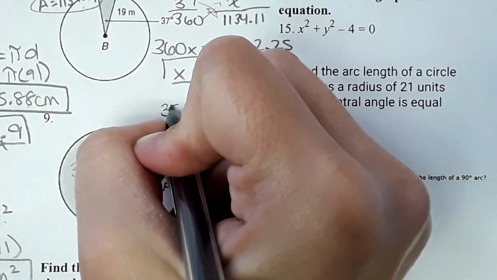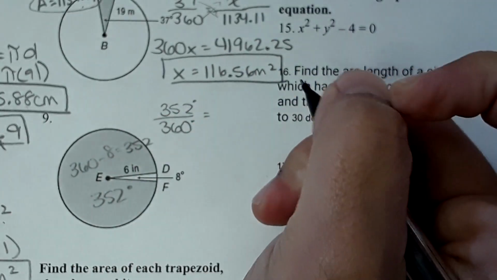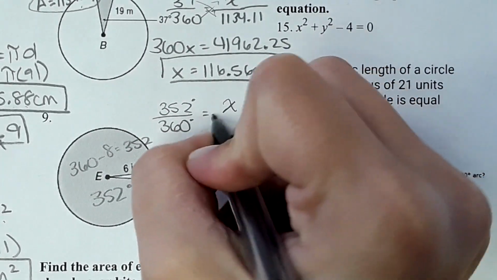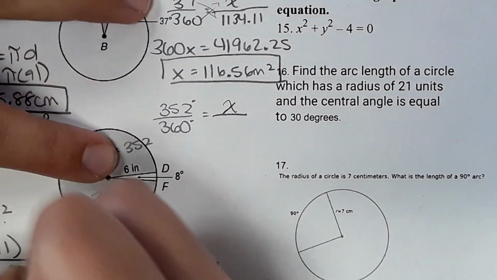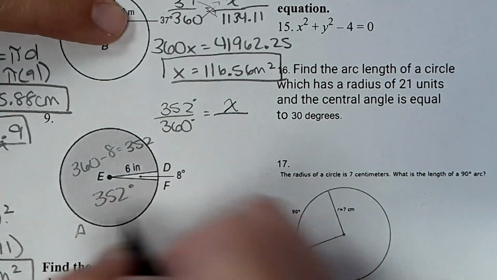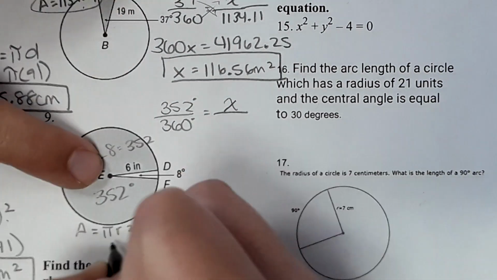Then we're going to set up the proportion. Area of the sector is the x, and the area of the whole circle, area equals pi r squared. The radius is 6.